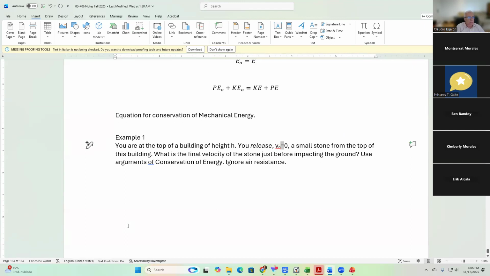What's the final velocity of the stone just before impacting the ground? I'm going to neglect the effects of air resistance, which is a non-conservative force.